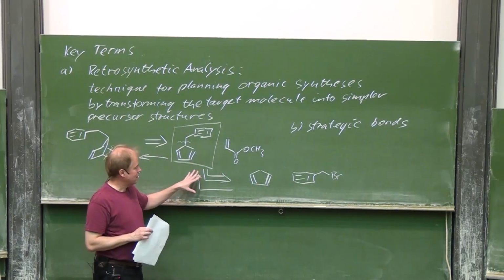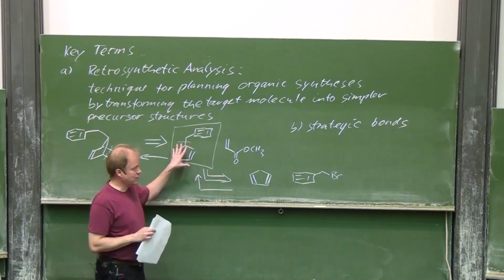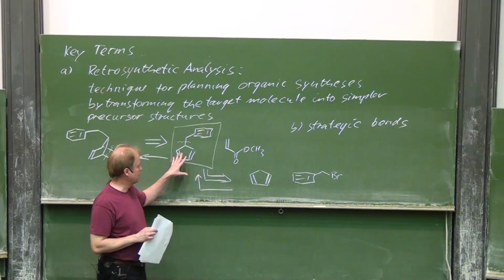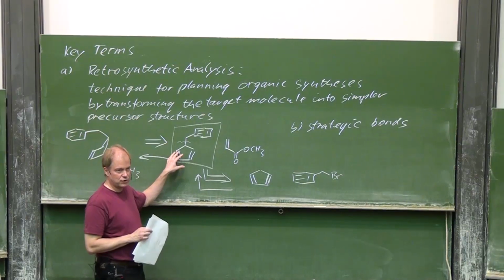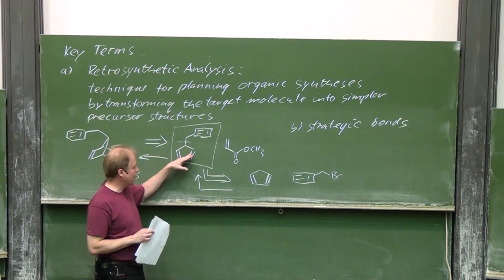So, if we would try that reaction, we could anticipate at least some problems, because for that target, the double bonds of the diene have to remain at this position and should not migrate.